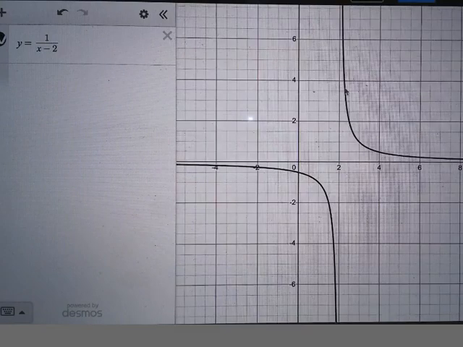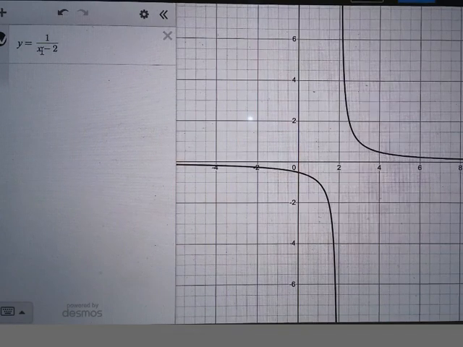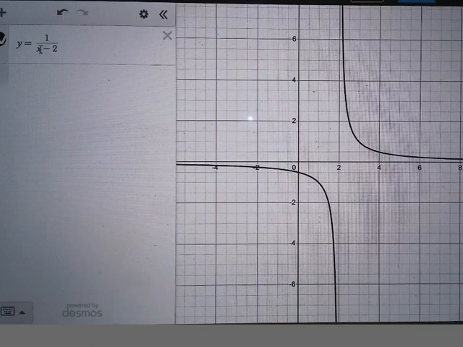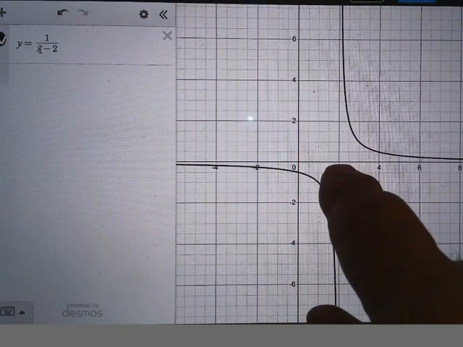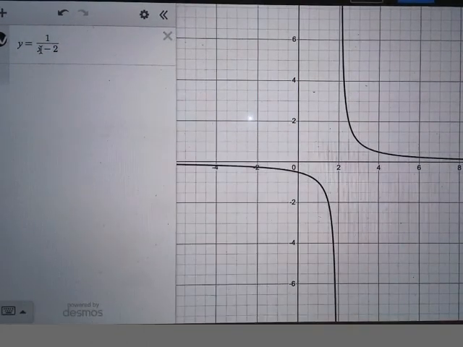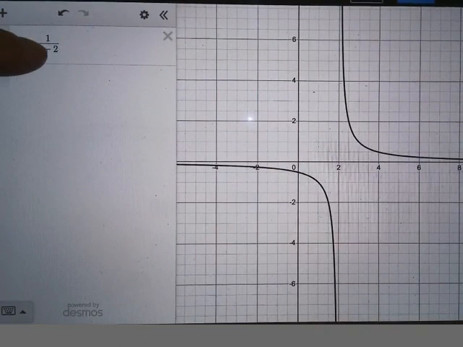This graph at all costs avoids 2. You cannot let x be 2 because that would be division by 0. When it gets close to 2, like 1.9, you get 1.9 minus 2, which is minus 0.1, and 1 divided by minus 0.1 is minus 10.